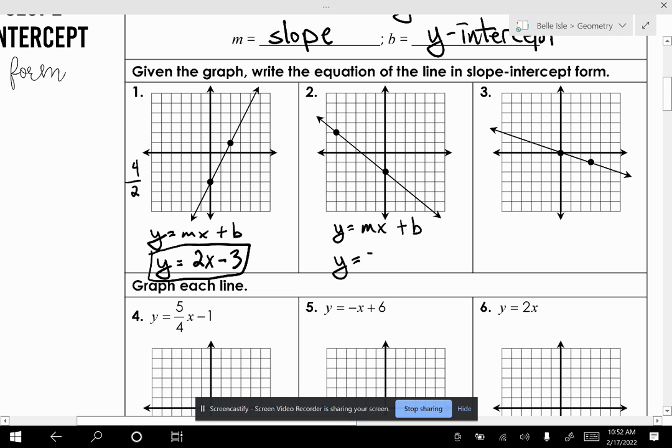Because it's the negative. On the intercept, all you do is you find where your line crosses the y-axis right here, okay? And it crosses at where y equals -3.